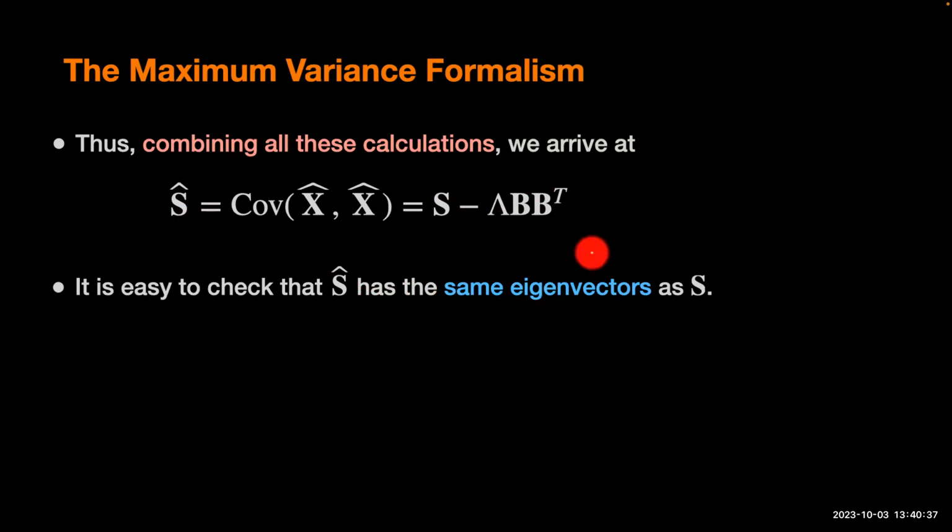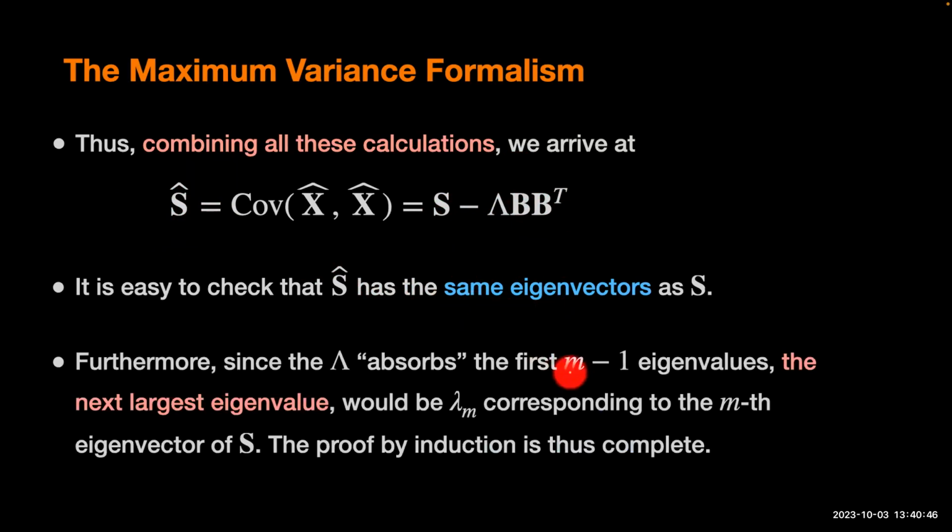So this thing has the same eigenvectors as S, but with one key difference. If I take the first m-1 eigenvectors, when I do S dot B, I will get lambda times B, but the lambda now gets absorbed by this term because I have the minus this term. So even though I have exactly the same eigenvectors, the first m-1 of them are no longer the directions with the largest eigenvalue, because they get all absorbed by these terms.